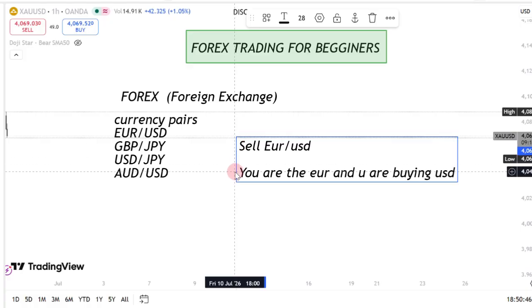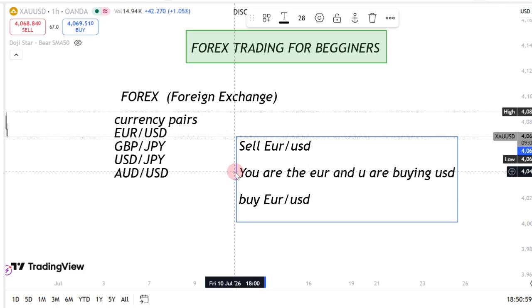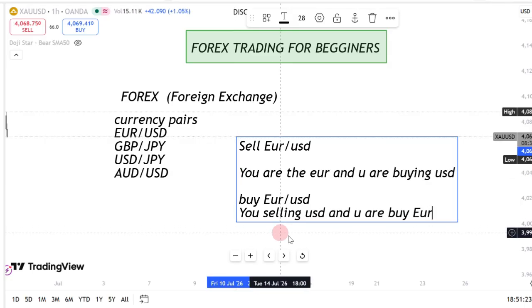So when they say buy EUR/USD, in the opposite direction, it means you are selling USD and you are buying euros.